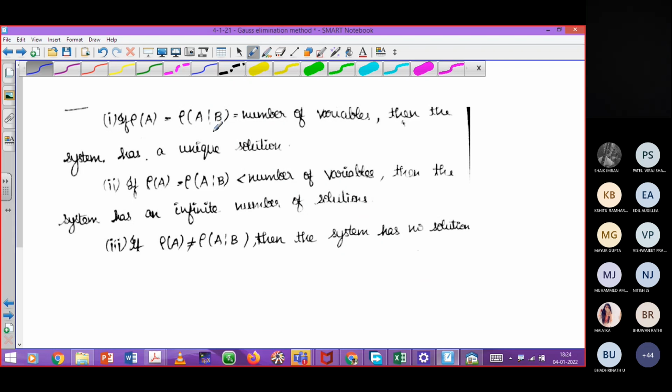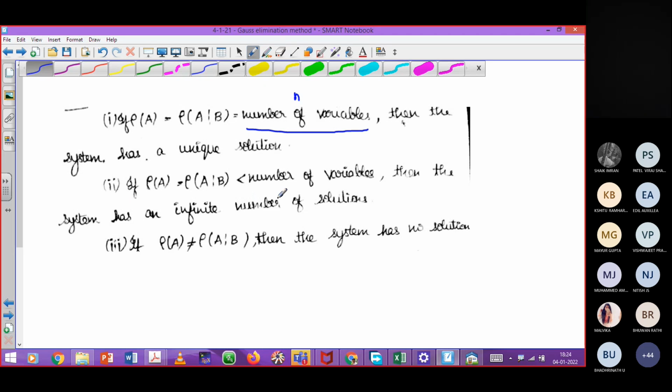If two ranks are same, which is equal to number of unknowns, number of unknowns means n. So totally here number of unknowns x, y, z. If they are equal then the system is consistent and it has a unique solution. Unique solution means x will have the unique answer, y will have the answer, z will have the answer.